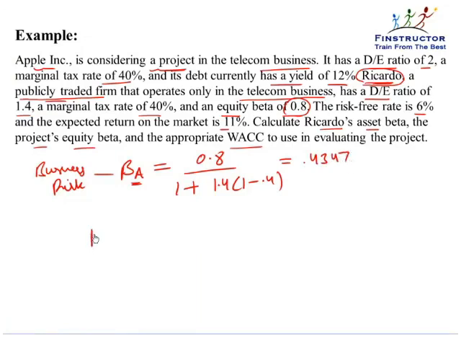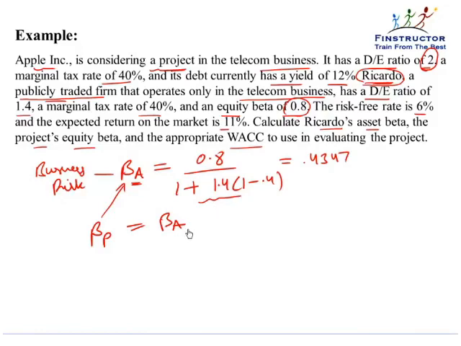Now to compute the beta of our project: it will definitely have this business risk, but it will also have additional risk coming from the debt that we are taking, or the leverage that we are taking. Guys, why this additional risk comes, you'll understand better when we study measures of leverage in corporate finance in the next review. So the beta of the project, we'll start with the beta of the asset, but this is what we had stripped out.